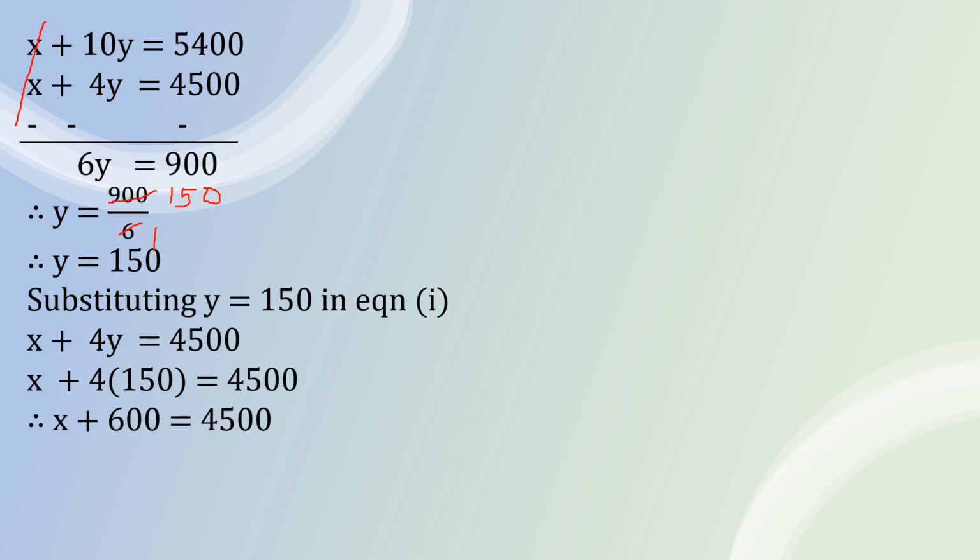Therefore, X plus 4 into 150, you'll get 600 equal to 4,500. Now you'll bring this 600 to right hand side. It will subtract. So therefore, X equal to 4,500 minus 600. So you'll get value of X equal to 3,900. Okay.